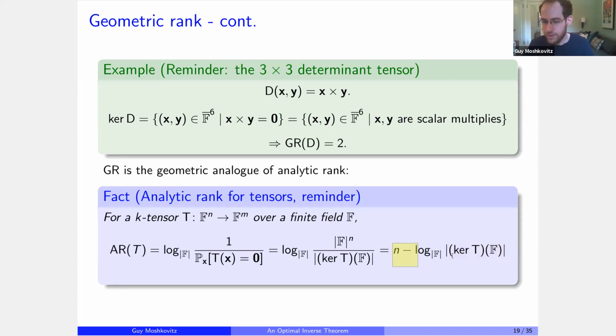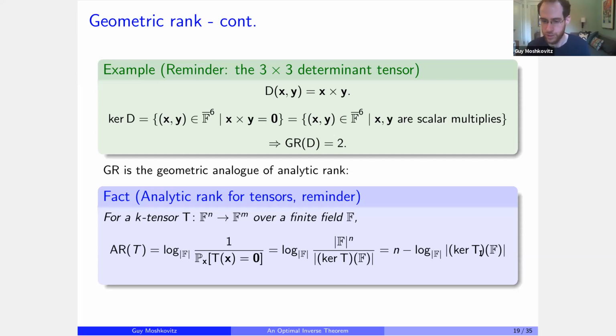And so this shows you that you would roughly expect the analytic rank to be roughly equal to the codimension, but that's of course all hand waving. But that's supposed to convince you that geometric rank is the analog of analytic rank over algebraically closed fields.